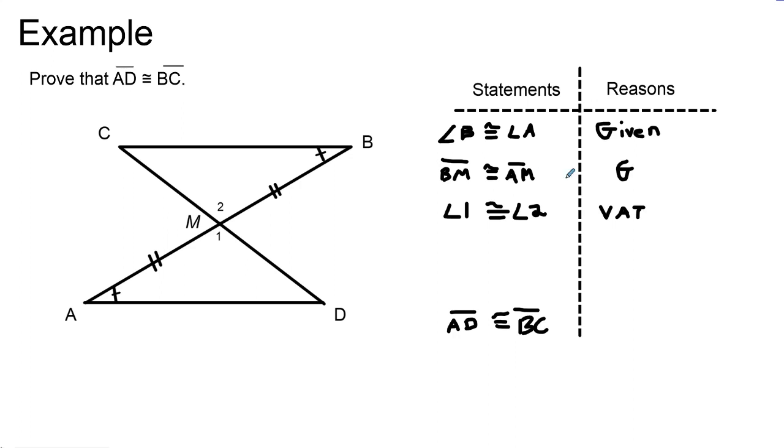So I now have used an angle, and the side that I used, because I always have to use at least one side, was between the two. So I can now say that triangle AMD is congruent to triangle CMB. And I proved it using angle, side, angle.